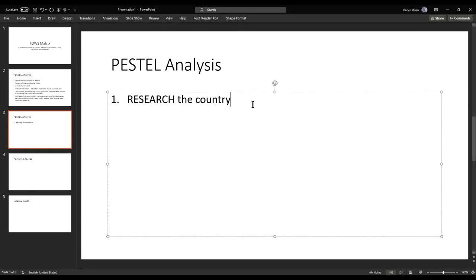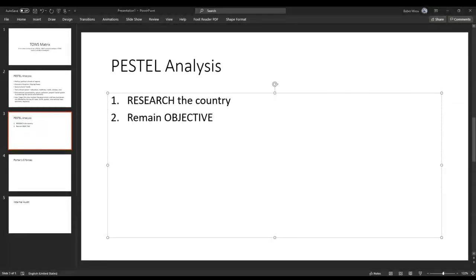But when you start researching, the second part is to remain objective. PESTEL is a framework used by marketers to analyze and monitor, not only by marketers, it's used by all business people.